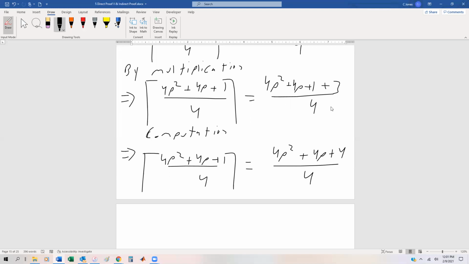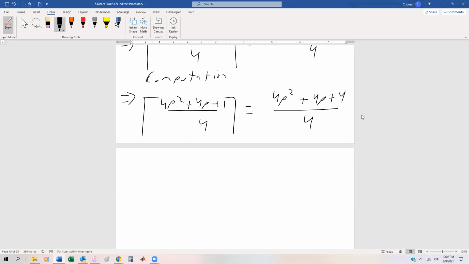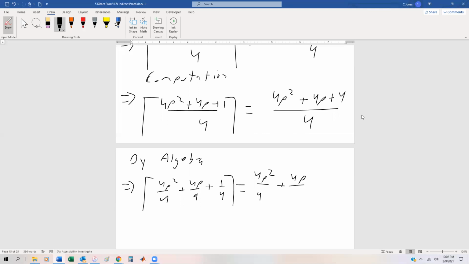Now, because we're dividing by a monomial, we can split this up and create 3 separate fractions on each side. So we can say by algebra, this is going to become the ceiling of 4p squared over 4 plus 4p over 4 plus 1 over 4, which is going to be equal to 4p squared over 4 plus 4p over 4 plus 4 over 4.